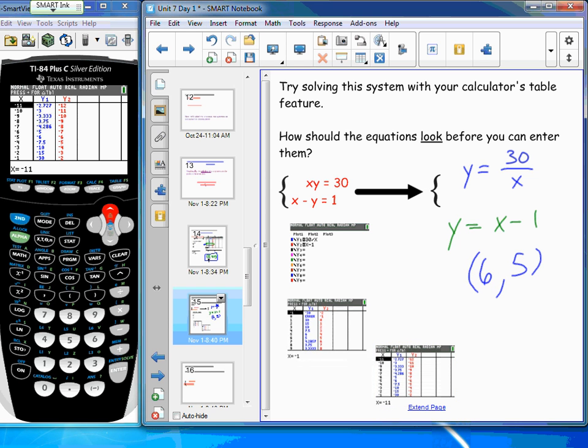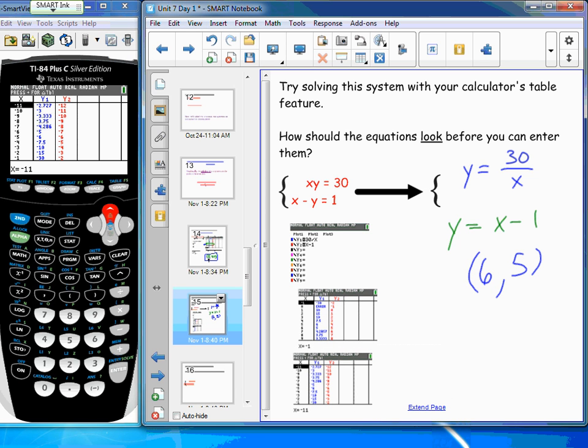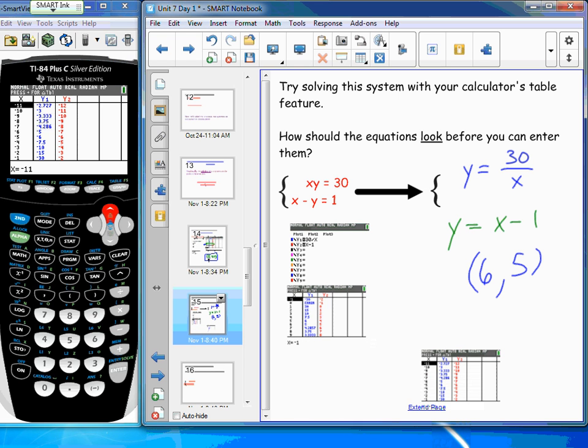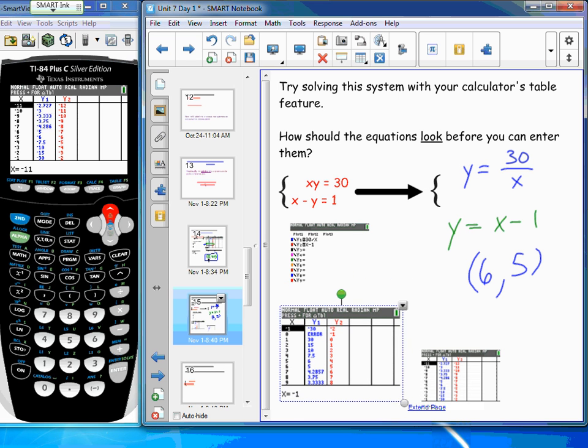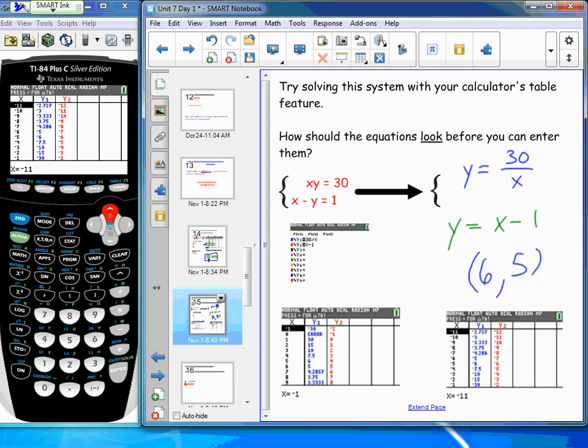Great. So we've got multiple places now where we've got a single x value that's paired with the same y coordinate in each equation. So we've got a -5 that is paired with -6.